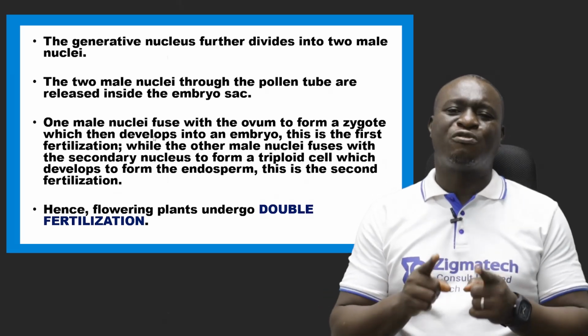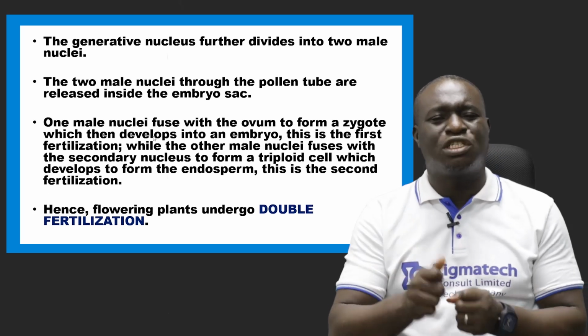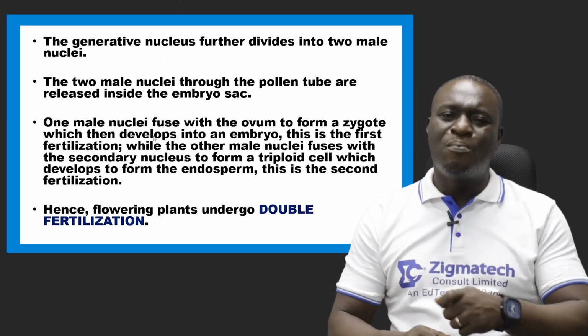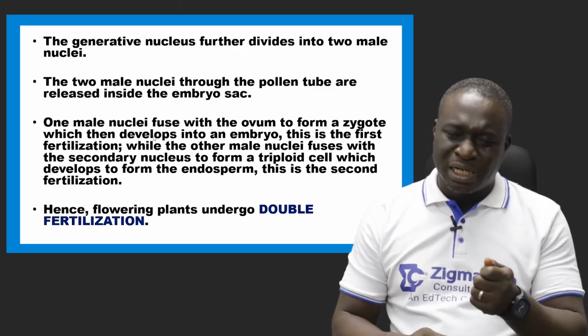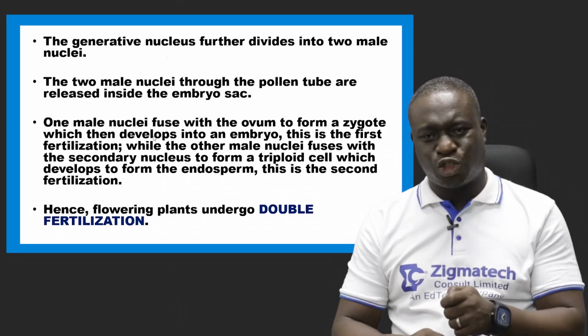Now, one of the male nuclei fuses with the egg, which is the ovum, to form a zygote. This is what we call the first fertilization.